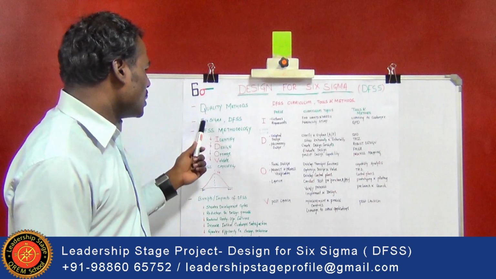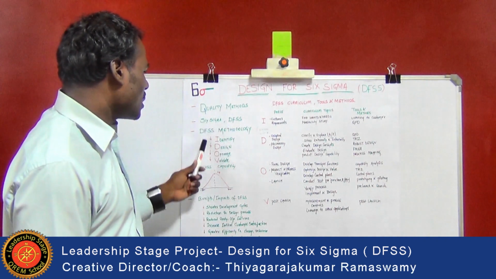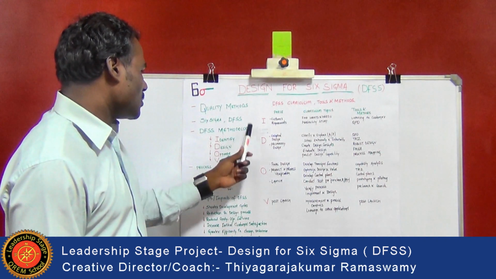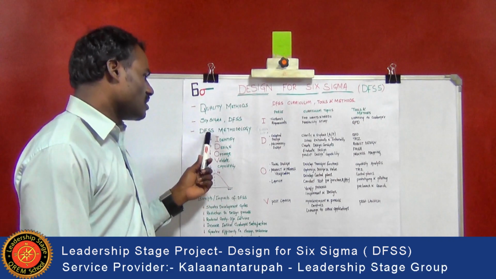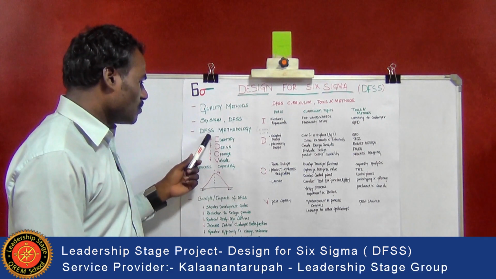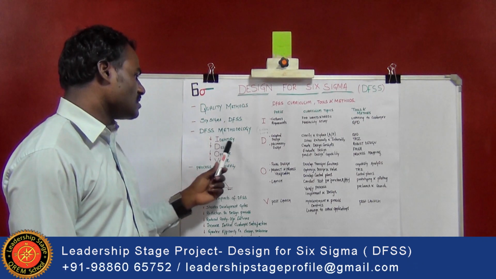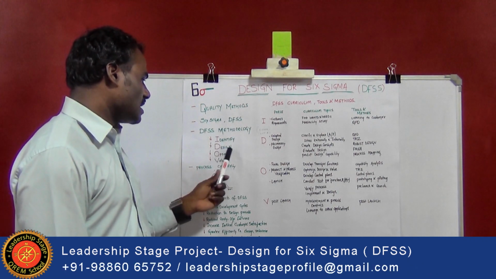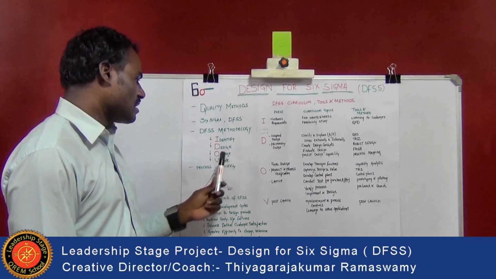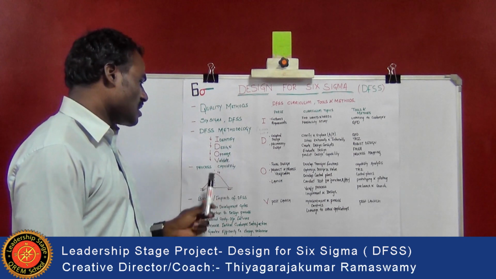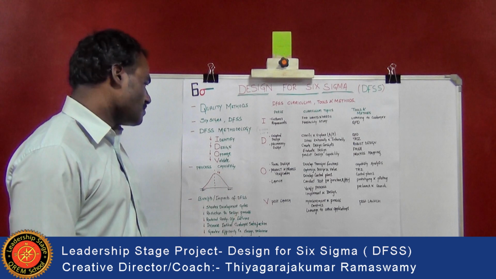Now we are going to see briefly what the DFSS methodology is. The DFSS methodology is defined as IDOV, where I defines identify, D defines design, O defines optimization, and V defines validate.